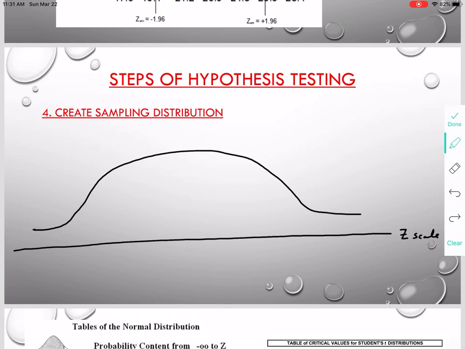Sometimes you'll see it as different letters, but we're going to just use z-scale. We'll talk about this more later. But the point of a z-scale is that it is standardized. The center of our z-scale line here is always going to be 0. This is a standardized scale.